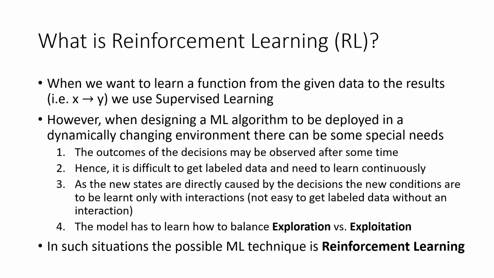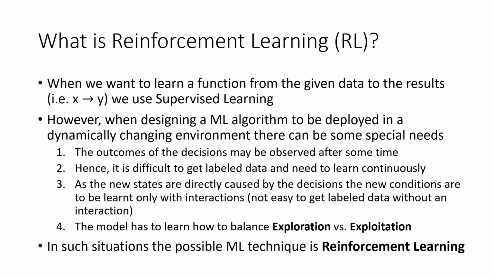Or we may get punished, or we may get negative feedback. Then we determine that we should not do these things in the future, and we move only with the rewarded actions.